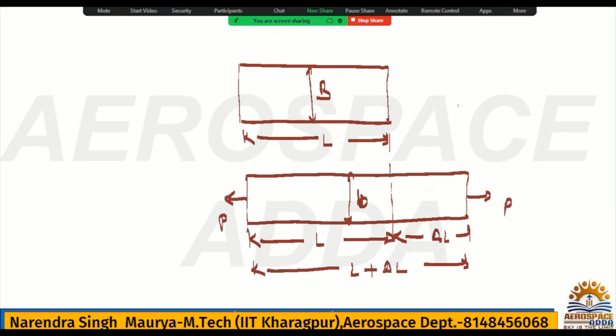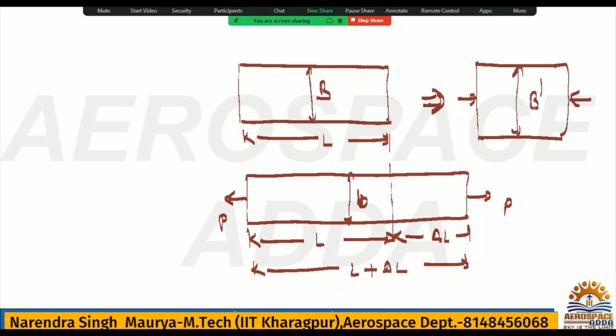But the same bar, this bar width also can increase, but at the same time length will be decreased. If it is compressive, so both side compressive force will be there, then this width will be increasing, so that time width will be B dash.